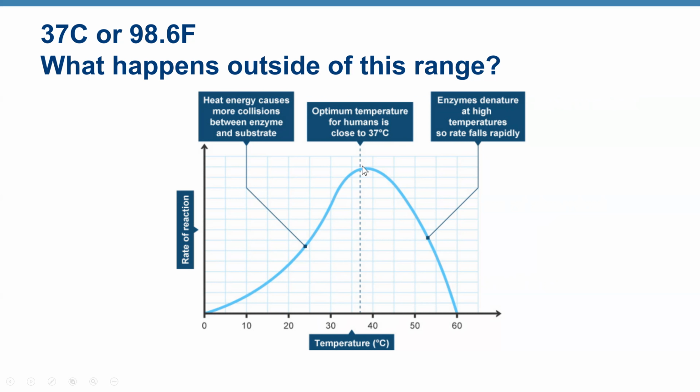That for humans is close to 37 degrees Celsius, that is your normal body temperature. Now, if we go below this 37 degrees, that heat energy causes less collision. Here it says when temperature increases, we have more collisions between enzyme and substrate, and it increases the rate of reaction.